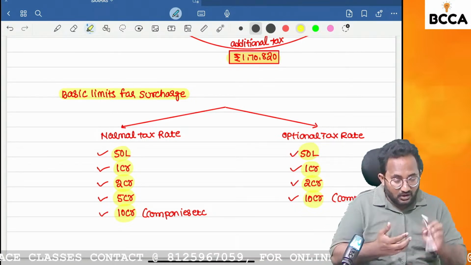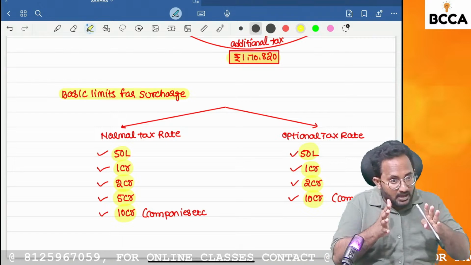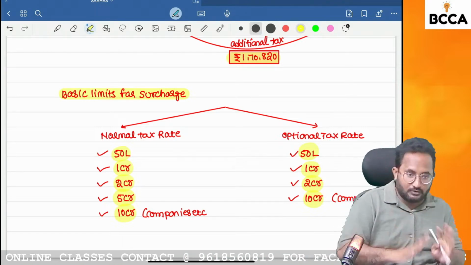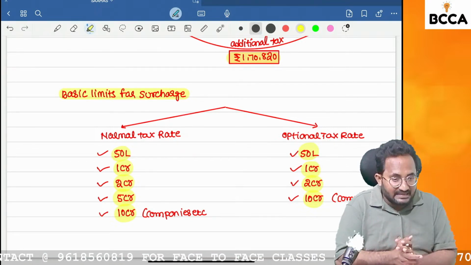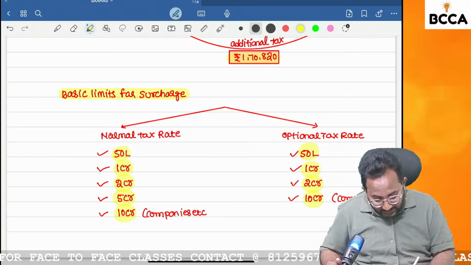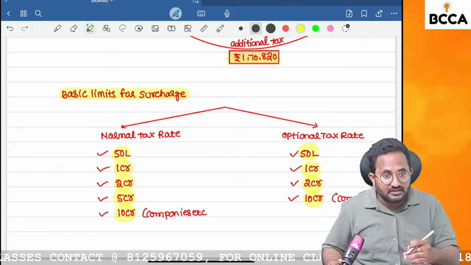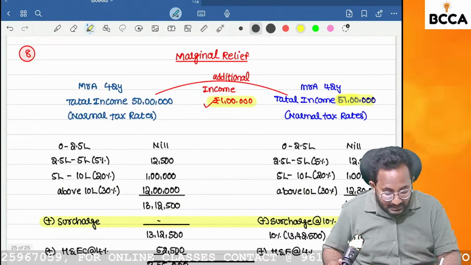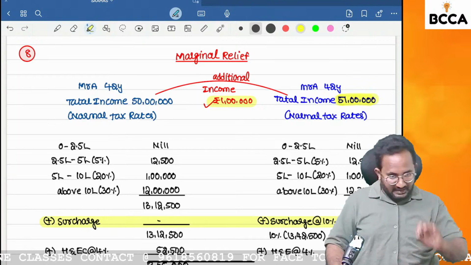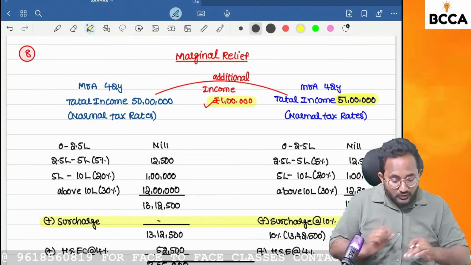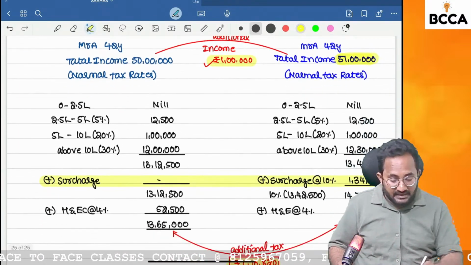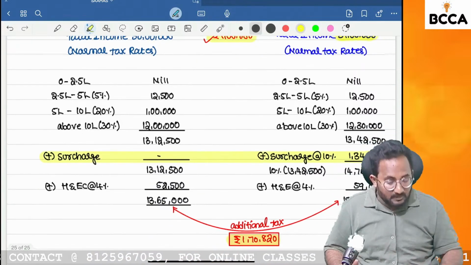So what is that, ma? Normal tax rate as well as optional tax rate, surcharge limits, you know. If the problem is given, yes, basic limit for surcharge is there. In addition to that, if they are giving income as 1 lakh, 2 lakhs or 3 lakh, any amount additionally, and you find out the tax liability, additional income is less than the additional tax.